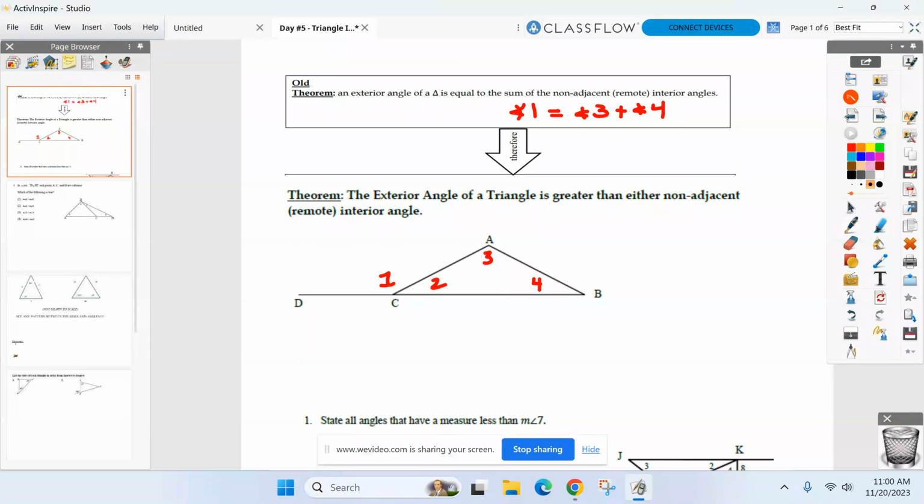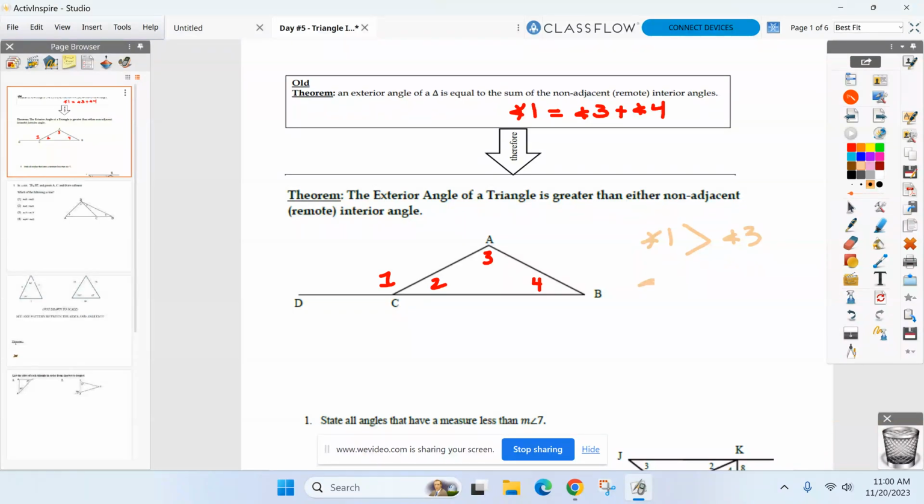So what I'm going to do today is take that theorem and make a new one that says, wait a sec, whoa, if the exterior is equal to the remotes added together, shouldn't the exterior by itself be bigger than either of those two separately? So angle 1's just bigger than angle 3 by itself.